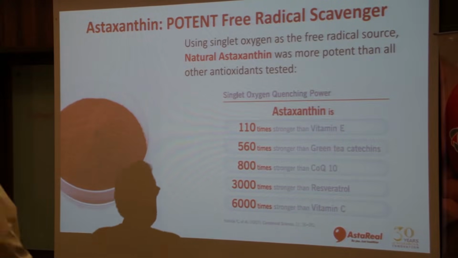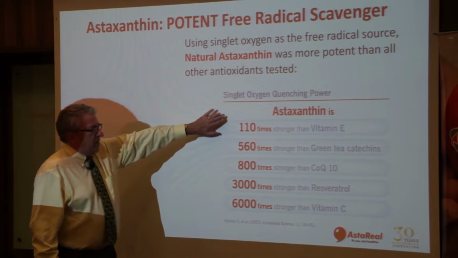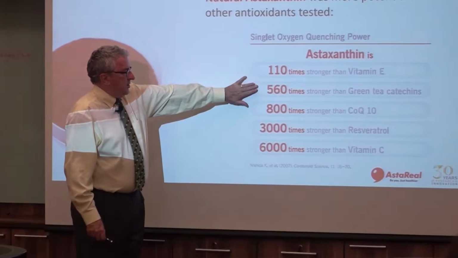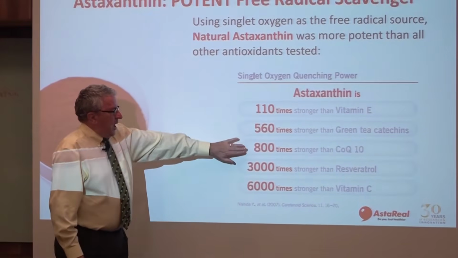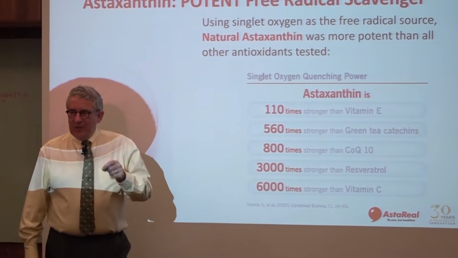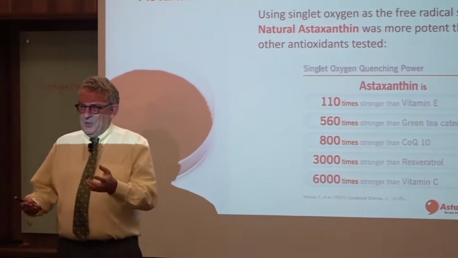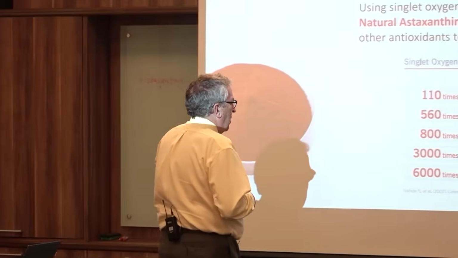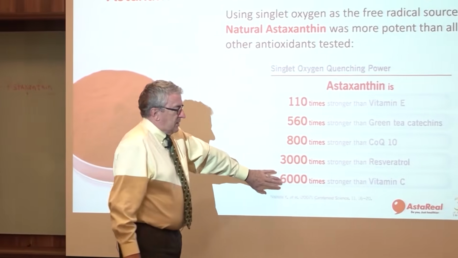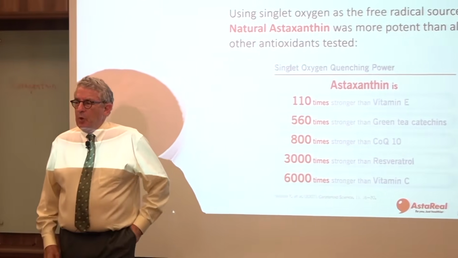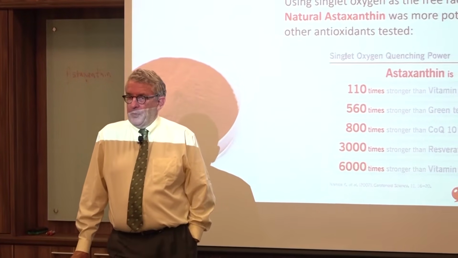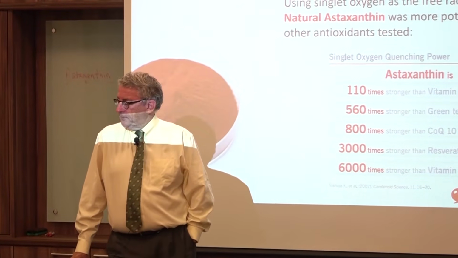So it's 110 times more than vitamin E, but some of these other antioxidants you'd be familiar with, green tea catechins, 560 times, 800 times more than CoQ10, which is really pertinent to this particular group for heart function, right? And if you go back down to vitamin C, it's 6,000 times more potent than vitamin C. It's very potent. Next slide.